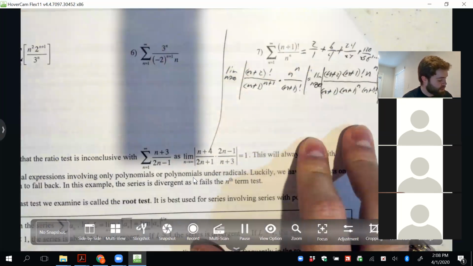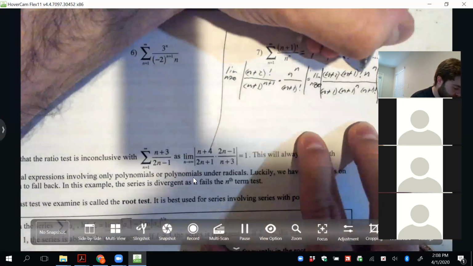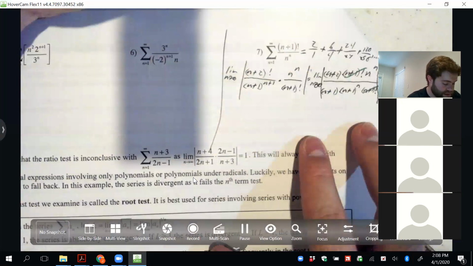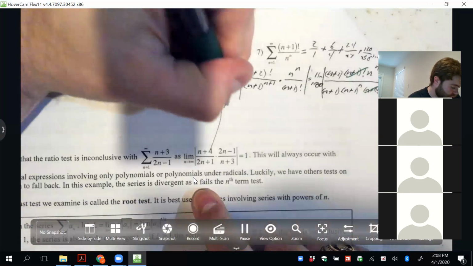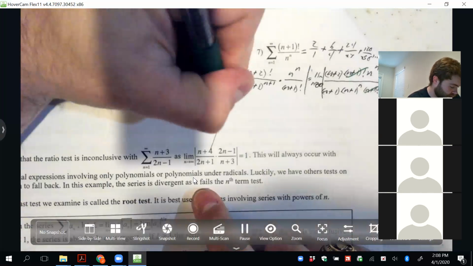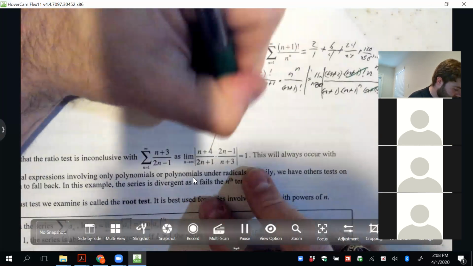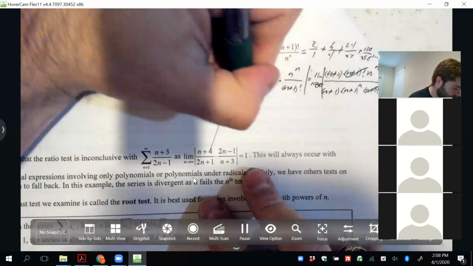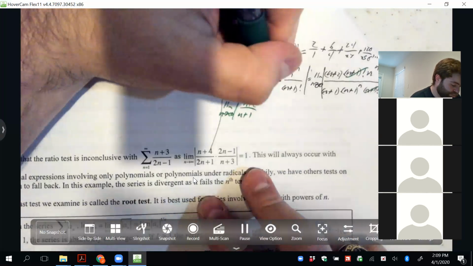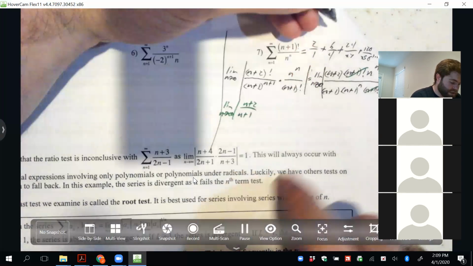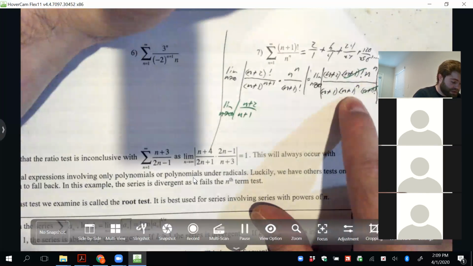Okay. And now, well, the n plus 1 factorials nicely cancel. Sadly, that's the only thing that does cancel. So we have the limit as n goes to infinity of n plus 2 over n plus 1 times, we still have n to the n power on top, and then we have n plus 1 to the n power on bottom.